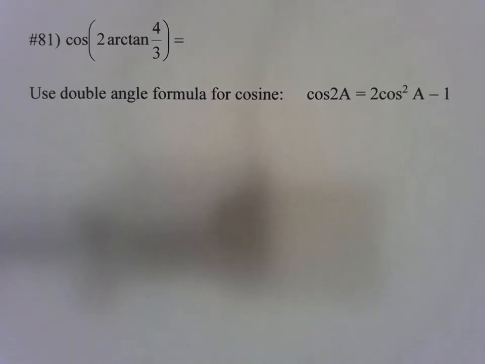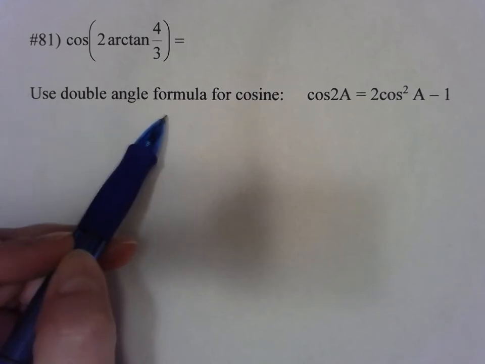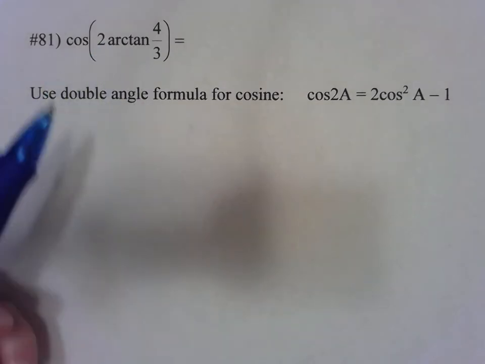This would be worked out in the same way, but now we're going to bring in an identity along with it. So we have the cosine of 2 times the arctangent of 4/3. And we want to use the double angle formula because it's cosine of 2 times the angle.